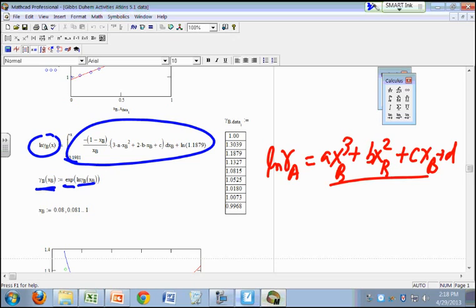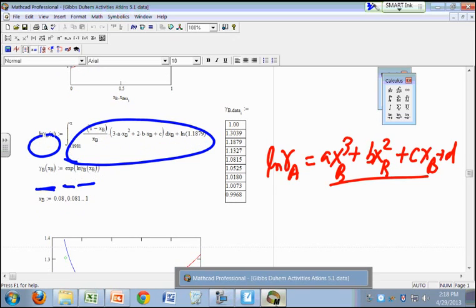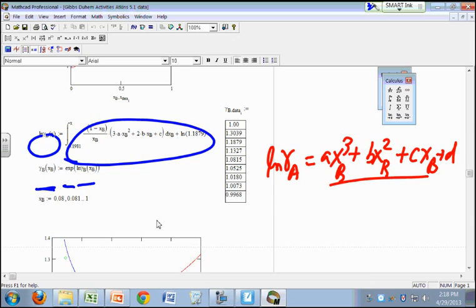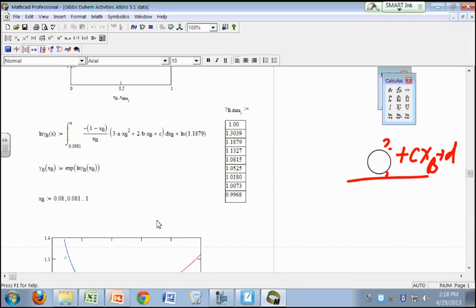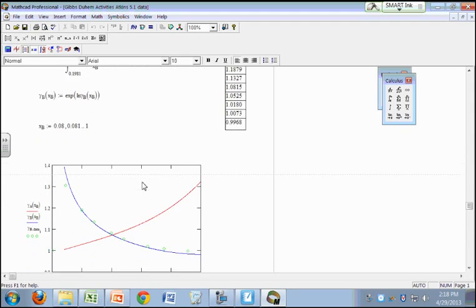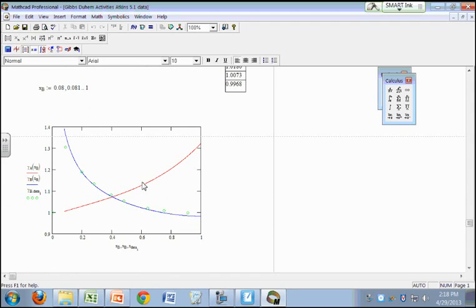If I were to plot that, this is what you'll find. Here's the blue curve right here.